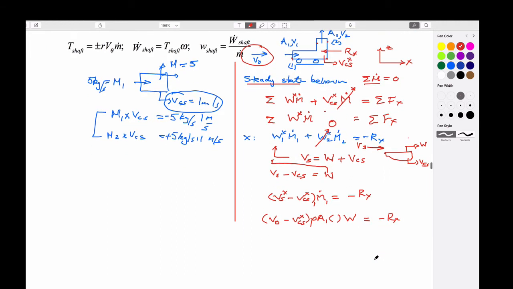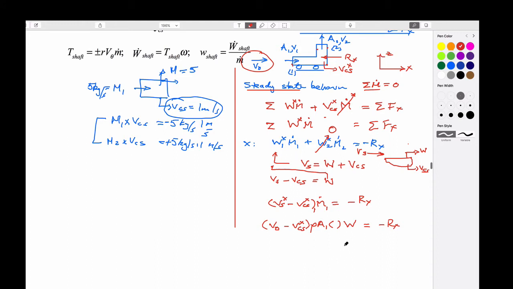Yeah, it's worthwhile going through this slowly, right? So I am going to replace this W here also by this amount here. And if I write out, we end up with V0 minus VCS in the x direction, multiplied by density, multiplied by the area it flows across, which is A1.